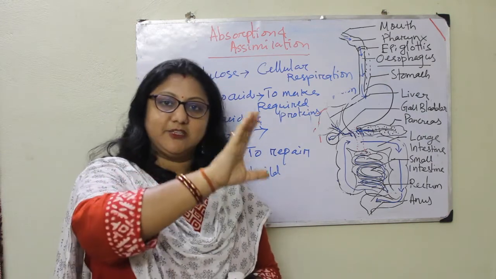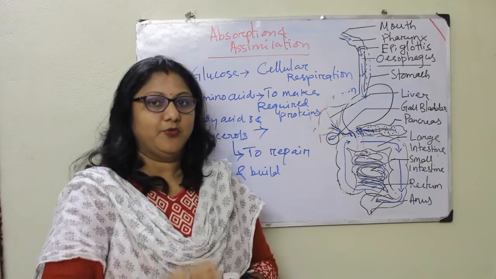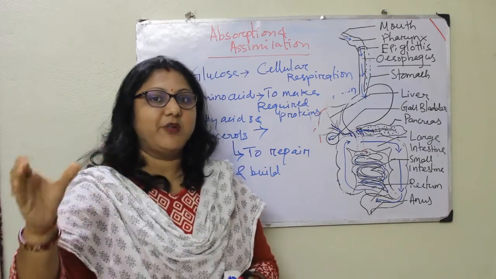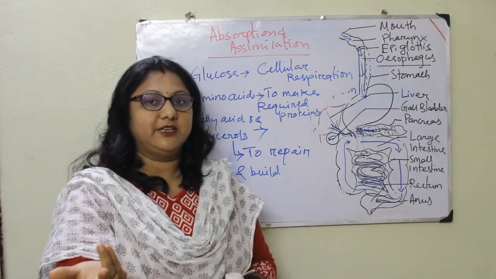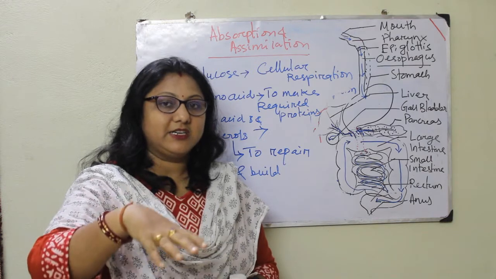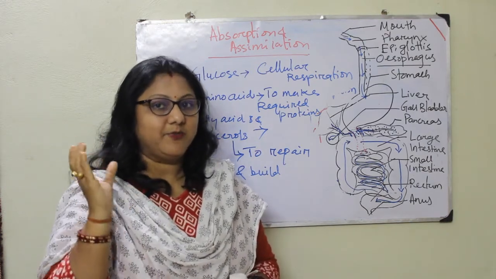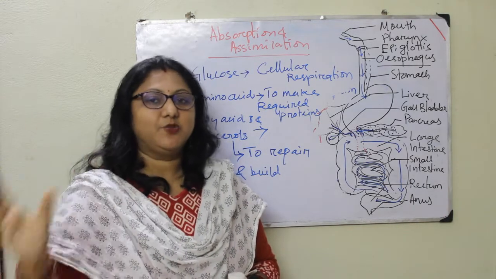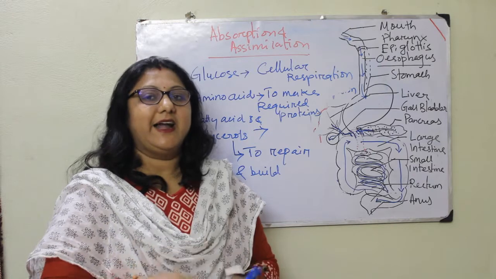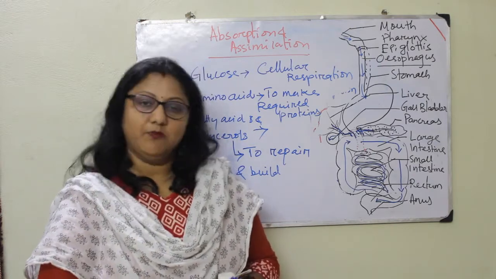Just imagine, you get the bricks and you make a hut of your own choice. Now the single bricks are provided to all the cells. The cells will make their protein, their own hut, according to their own choice. They have the raw material now, the bricks of amino acids. Later they will utilize these amino acids and make the human or animal proteins in their body.